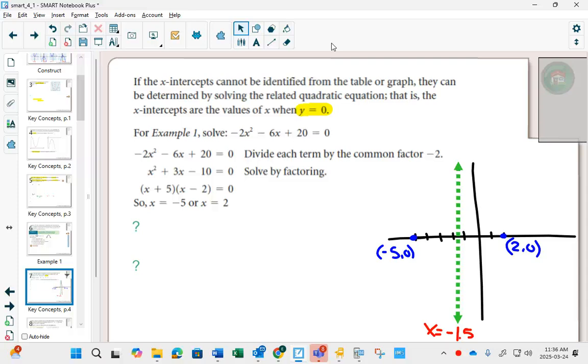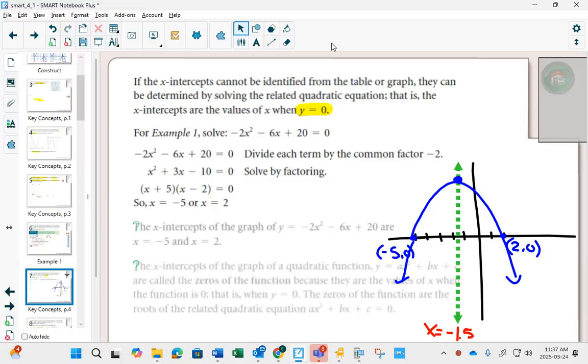And so we know that our vertex is going to be somewhere up here, because I know it opens down. And I know that it's symmetrical, so it has to be on that line somewhere. I could plug in -1.5 for x and actually solve to figure out where my vertex would be. So if we have our x-intercepts, we have symmetry already, we could find our axis of symmetry.